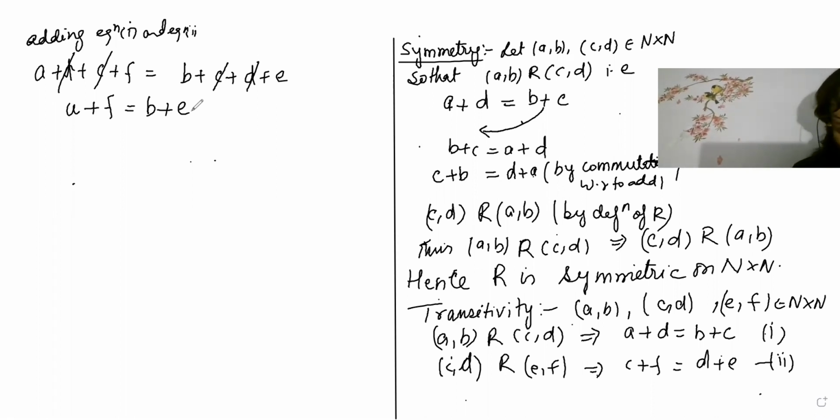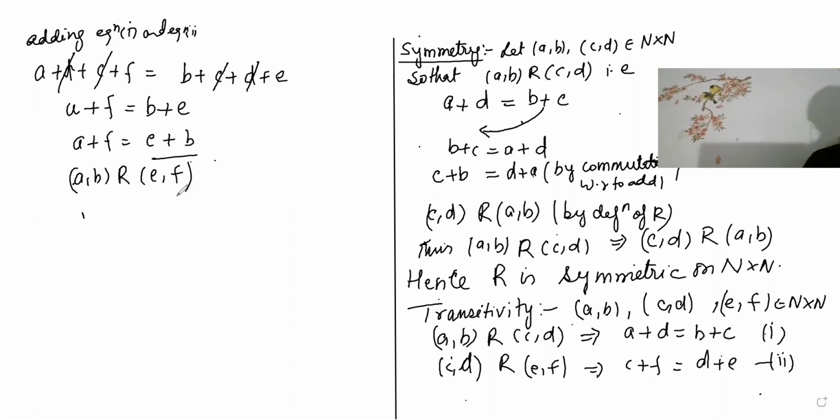Now, beta, again we can just turn the order. A plus F is equal to B plus E, by commutative property you can shift any one of it. So A plus F will be equal to E plus B. So this side I have applied the commutativity property. That means AB is related to EF.